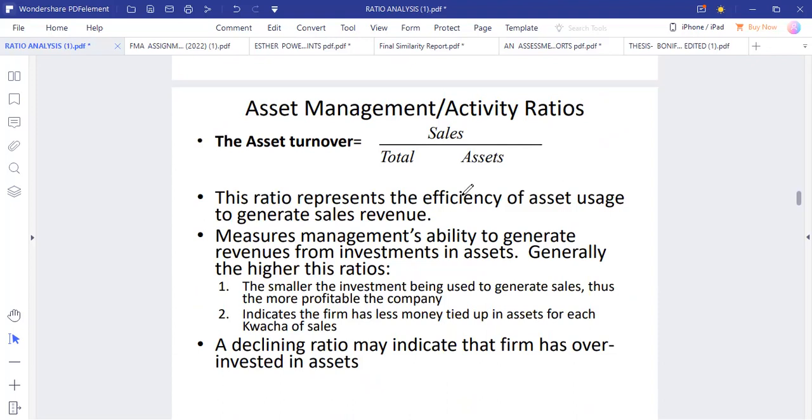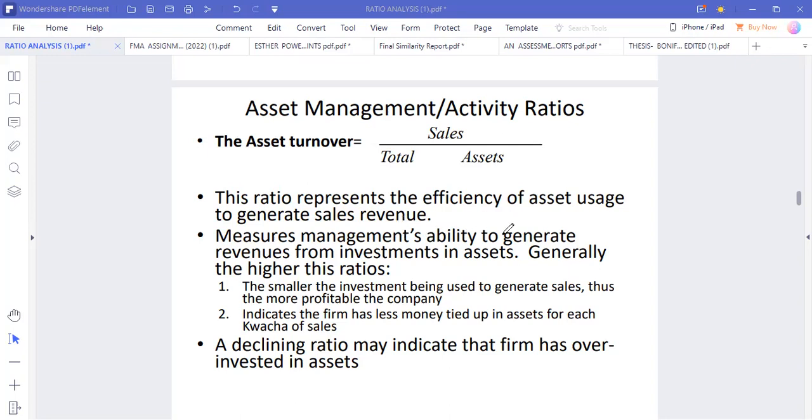So this ratio is very important because it's very vital because it will give us a picture of how the firm is using the assets to generate revenue.